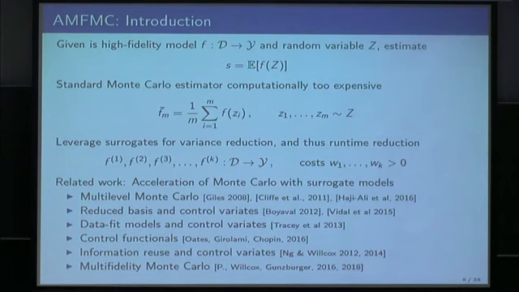For example, in an optimization loop, one can reuse data from previous optimization iterations as control variates for subsequent iterations. And then there's work that we have done recently that we termed multi-fidelity Monte Carlo, which really has the goal to combine these general types of surrogate models, heterogeneous types of surrogate models that I've shown on the first slide. We will build a bit on this, but actually we will have only two surrogate models where this boils down to well-known standard control variates.